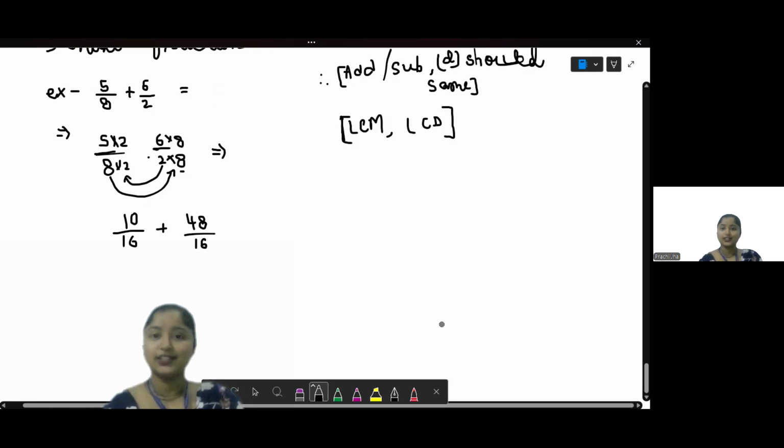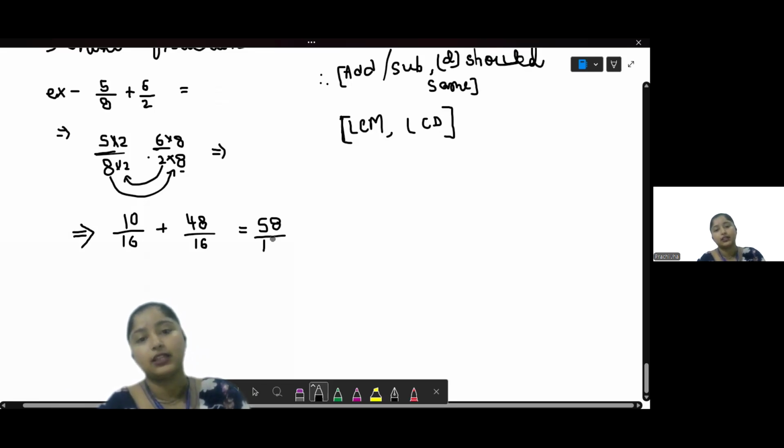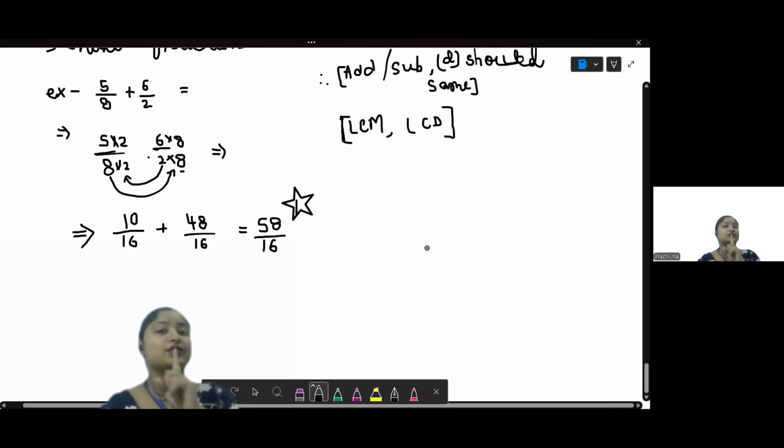The denominators are the same, and you just follow the process we did for adding like fractions. Just add 48 plus 10, that gives you 58, and we write the denominator as 16. See, this is how you solve an unlike fraction. You got it? This one was easy peasy lemon squeezy.